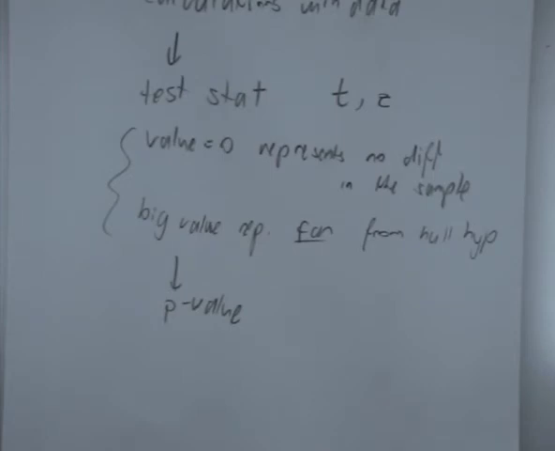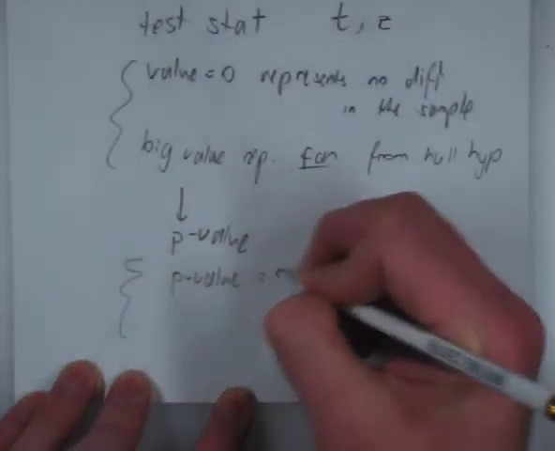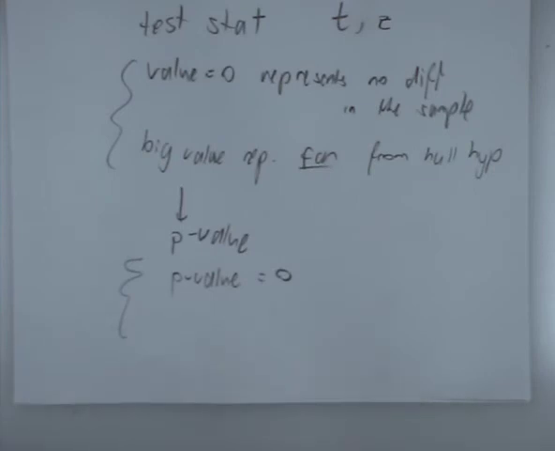And so once you've got a p-value, this time it's the other way around. A p-value of 0 indicates that this value of t is impossible if the null hypothesis is true, which means that the null hypothesis can't be true because the t happened.